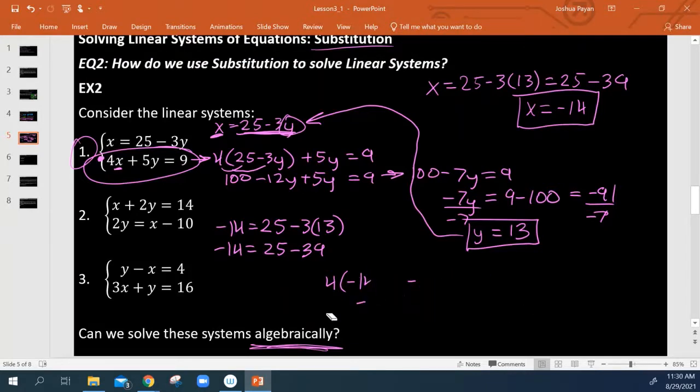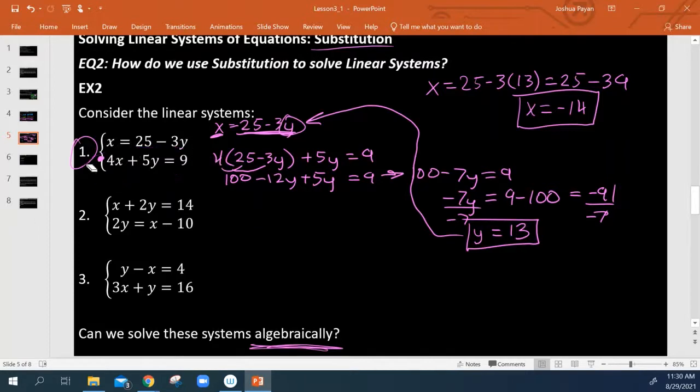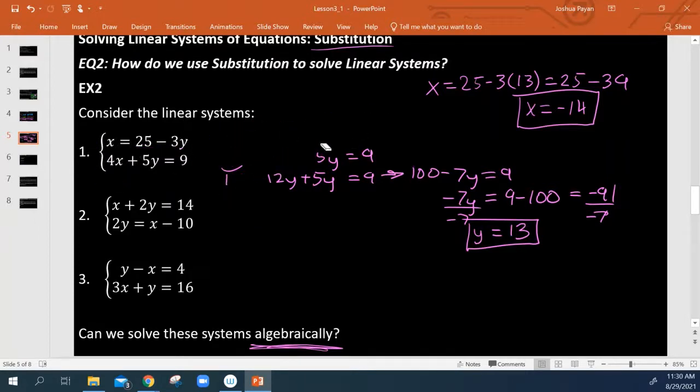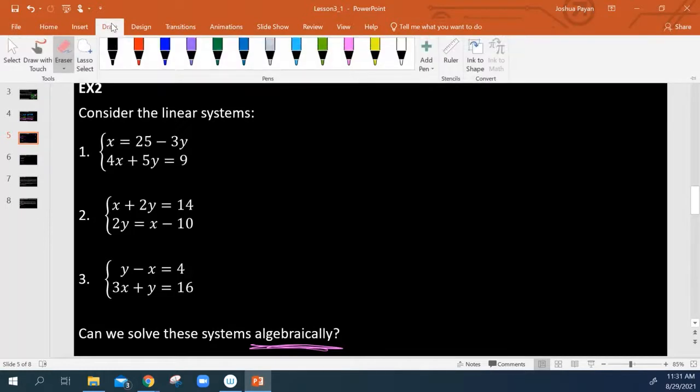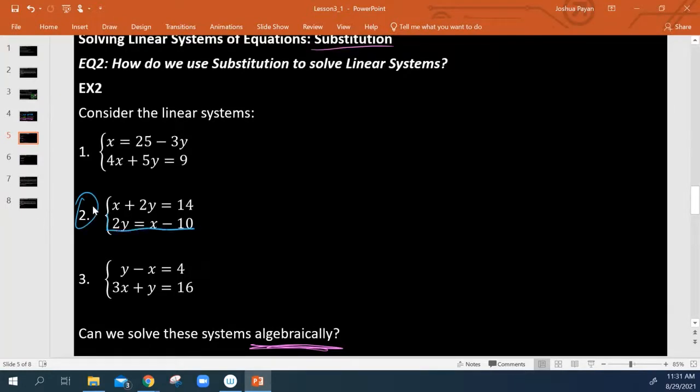Okay, so now let's look at one that's not so cute, right? So if we look at example 2, the idea behind that one is we're going to have to get one of the variables by itself. I'm going to start here with this second equation, because that one looks like it's going to be the easiest one to get a variable by itself, if you ask me.